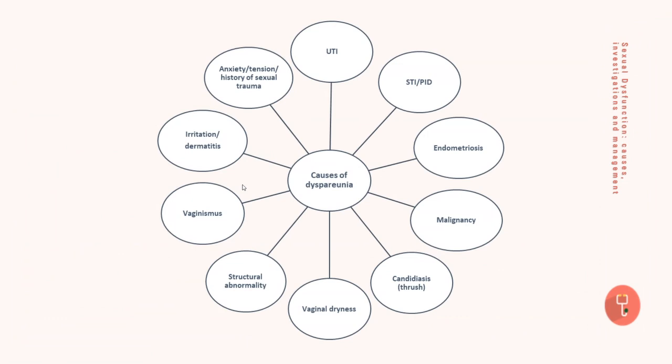And then more the mental health side of things, so anxiety or tension or a past history of sexual trauma. Again, it can cause patients a lot of discomfort, even if they're maybe not aware of what's causing them to feel anxious, or their body might have that fight or flight response, maybe because they've had a past traumatic experience that they haven't addressed.